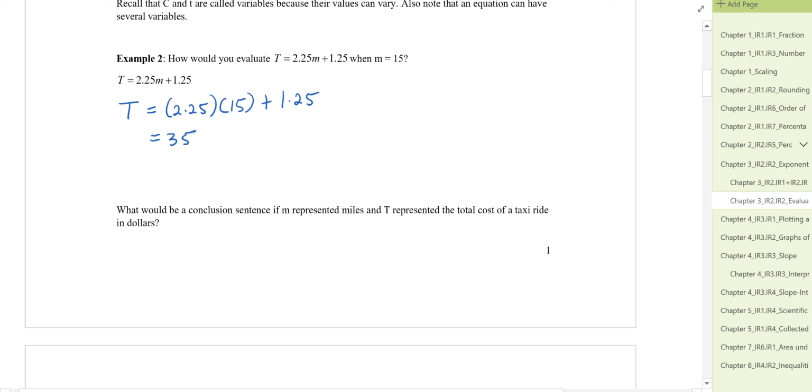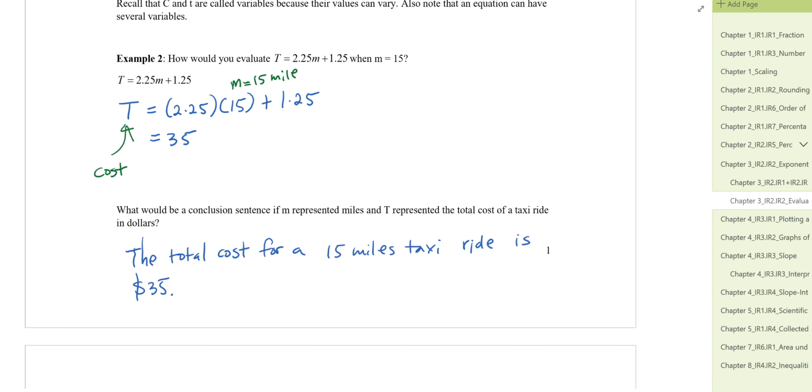Now, what would be a conclusion sentence if m represents miles and t represents the total cost of a taxi ride? Okay, m represents miles, so this means m equals 15 miles, and t represents the cost for a taxi ride. So if you ride a taxi for 15 miles, the cost would be $35.